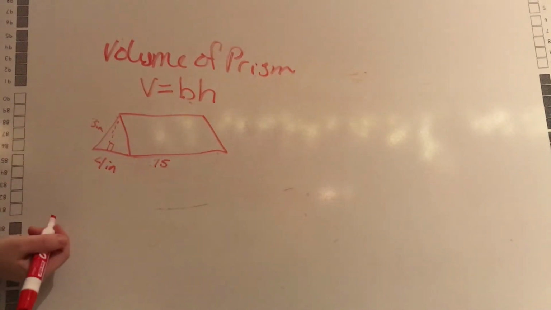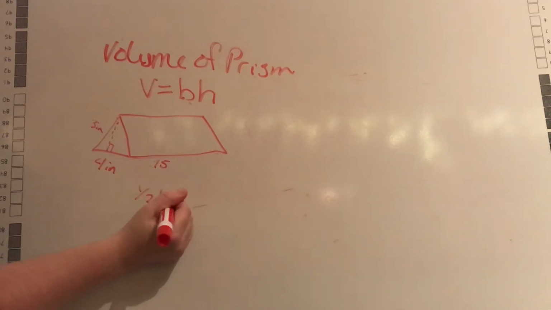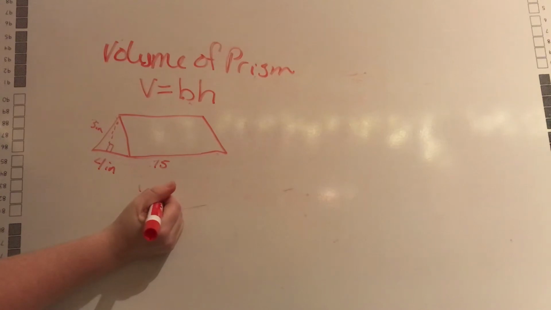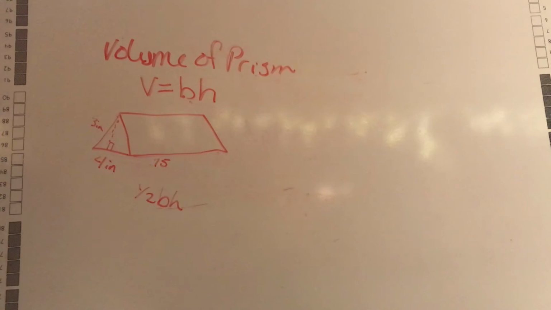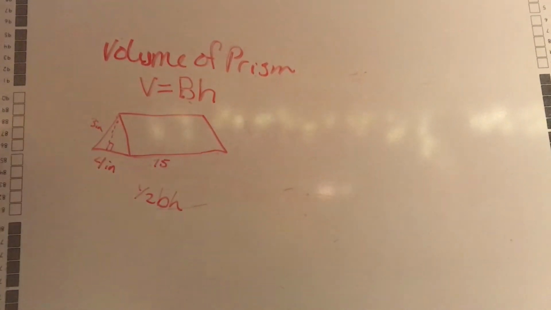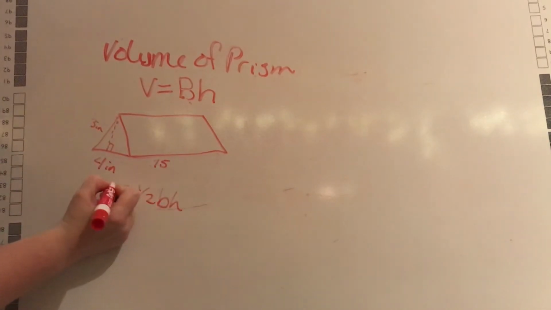So remember, for a triangle, that equals 1/2 base times height. So if you capitalize the B in volume, you know that it's the area. So 1/2 base times height.